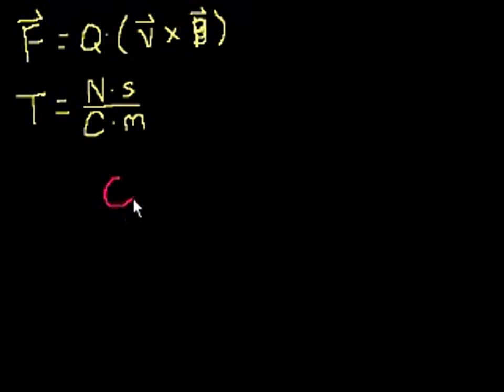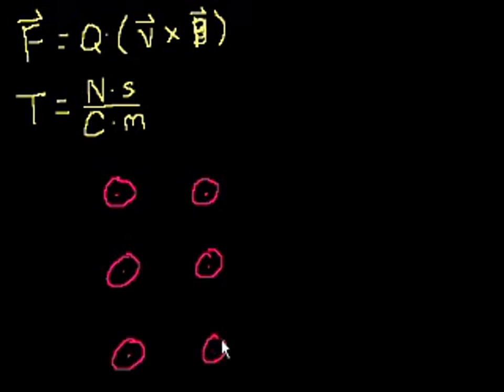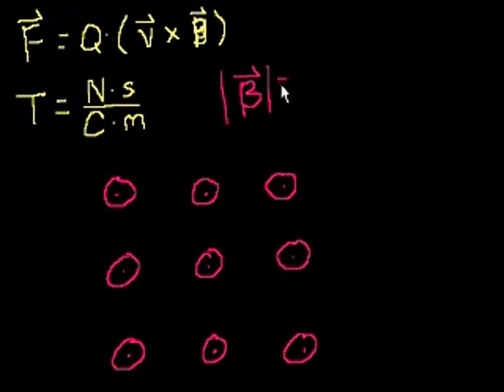You can imagine a bunch of arrows popping out of the screen. I'll just draw a couple of them, just so you get the sense that it's a field. It pervades the space. So the field is popping out, and the magnitude of the field, let's say it is 0.5 Teslas.